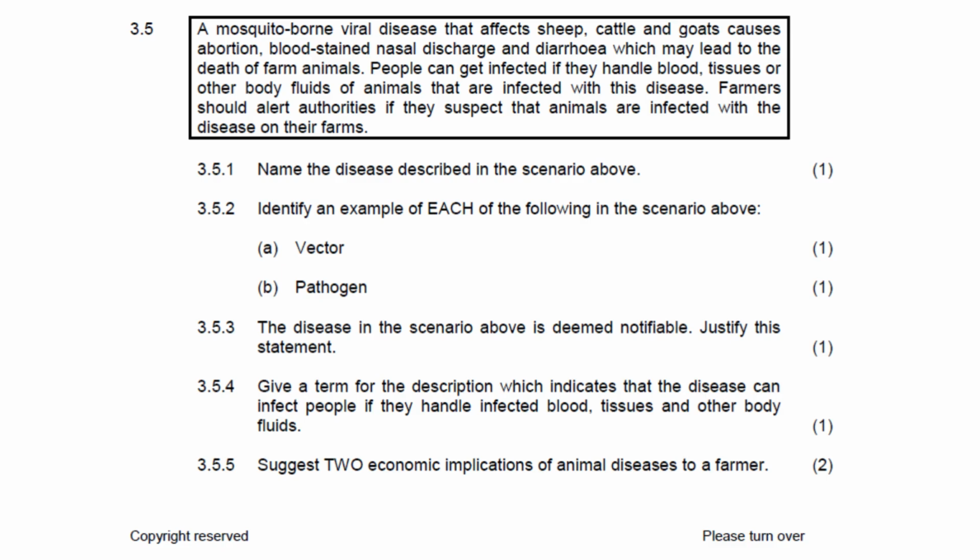People can get infected if they handle blood, tissues, or other body fluids of animals that are infected with this disease. Farmers should alert authorities if they suspect that the animals on their farm are infected with the disease.